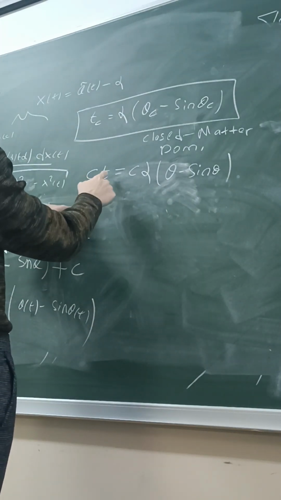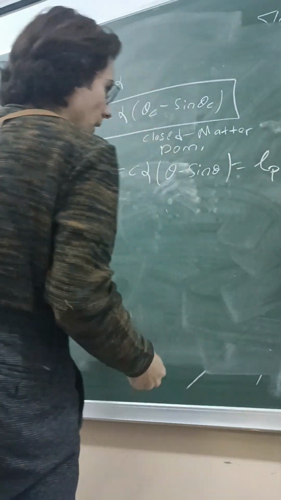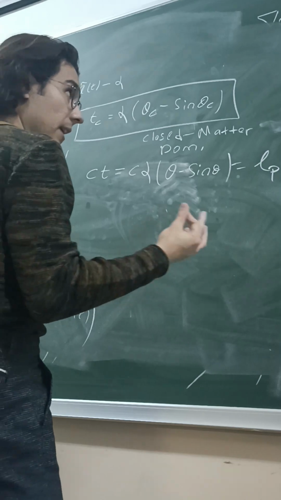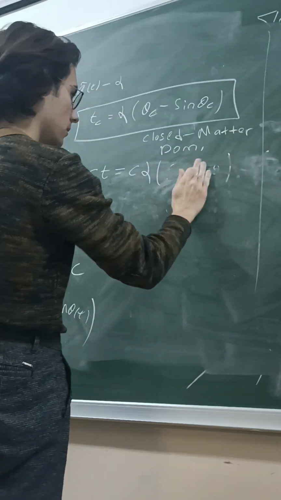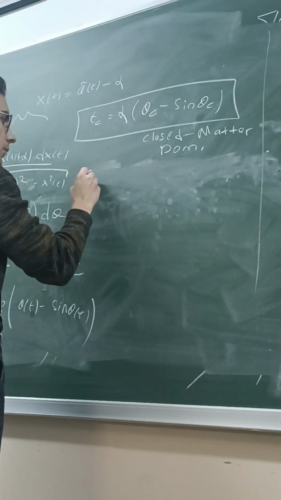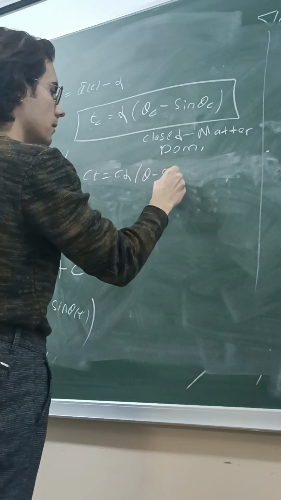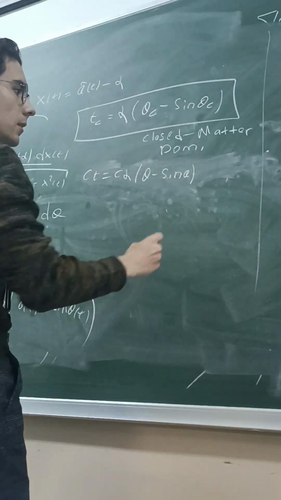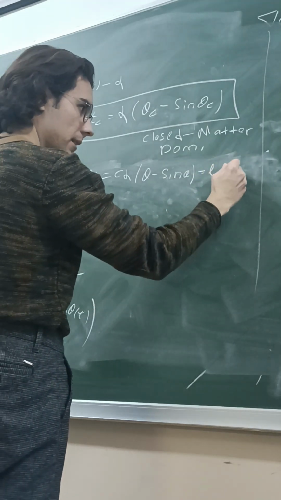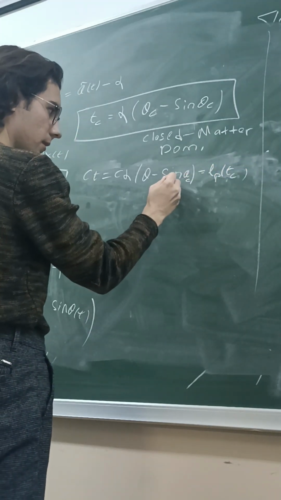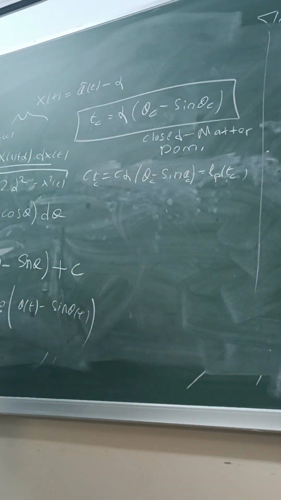Meters per second times seconds is meters, so you have some physical range. At some critical time, let's say t c, c alpha times theta minus sine theta, some physical length as a function of time. At critical time t c, and that's it.